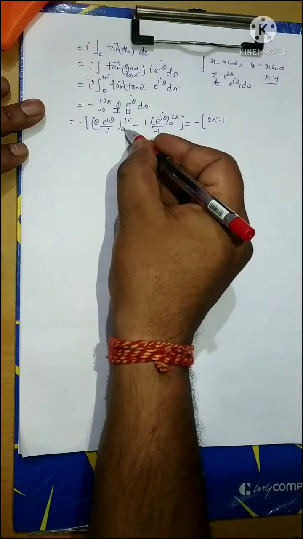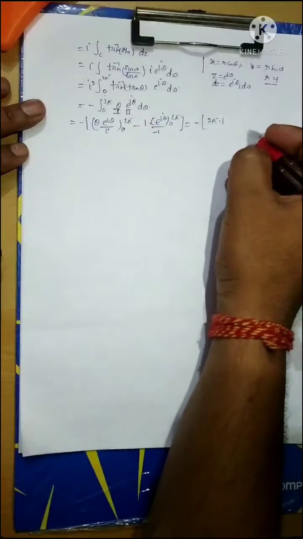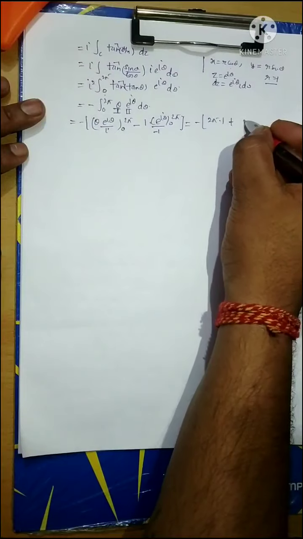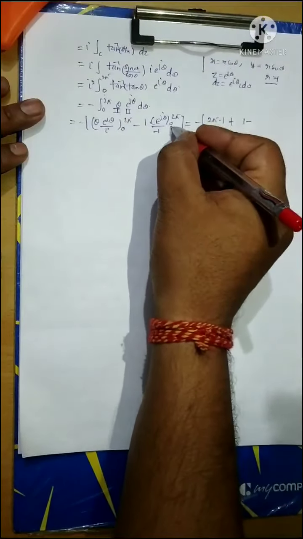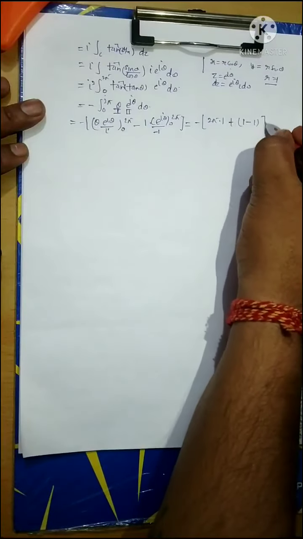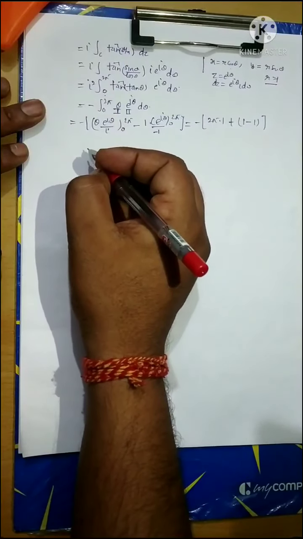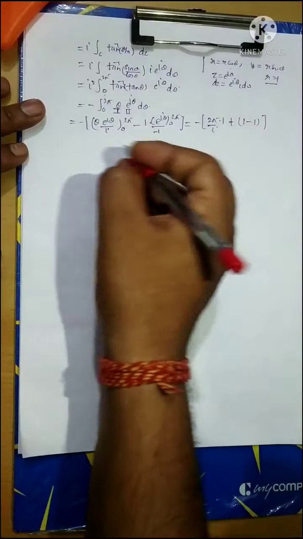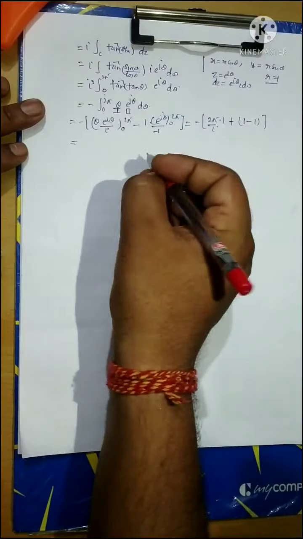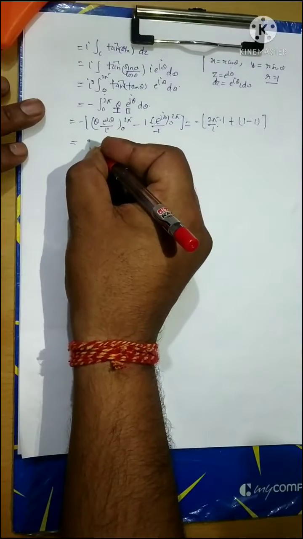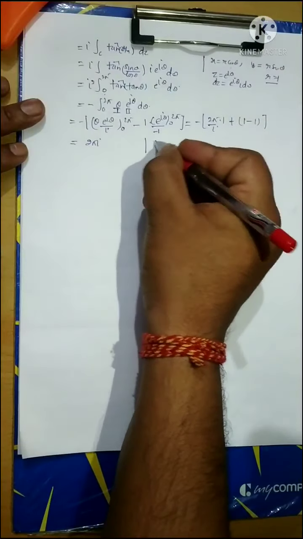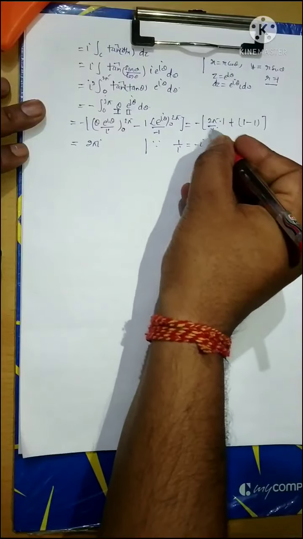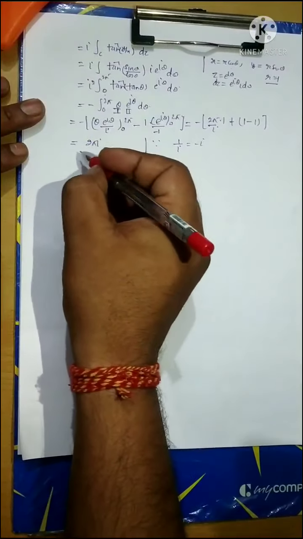Now when theta is equal to 0, the value will be 0. Now minus minus plus e to the power 2 pi i minus e to the power 0 i. This is equal to 0 upon i. Therefore 2 pi i, since 1 upon i is equal to minus i, minus minus plus. This is the complete solution.